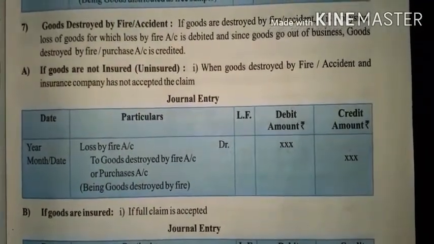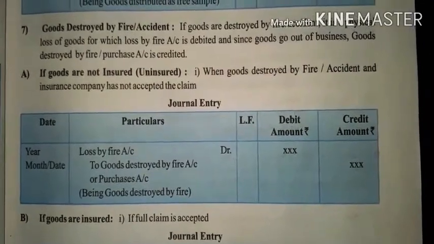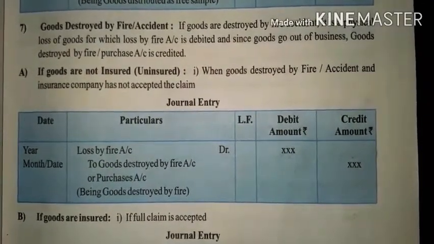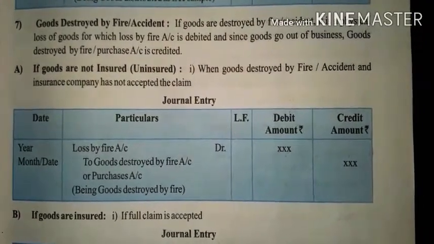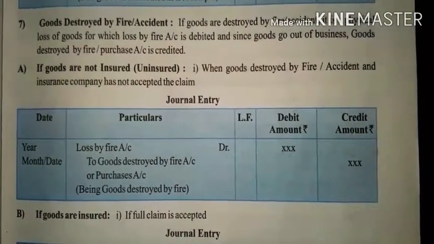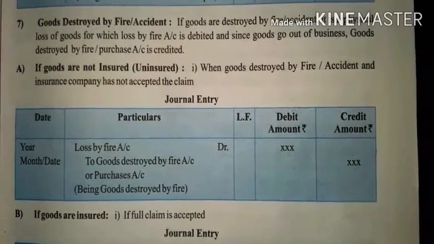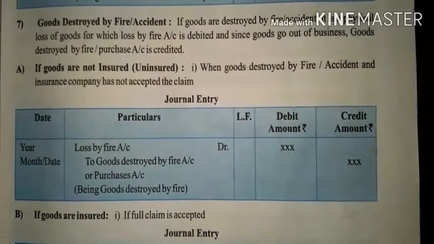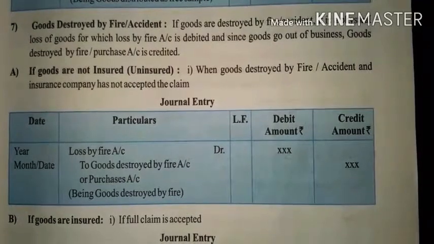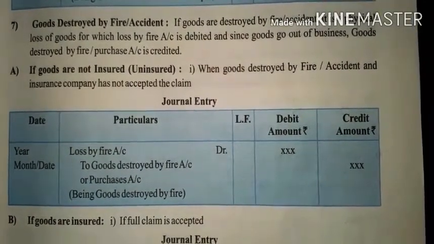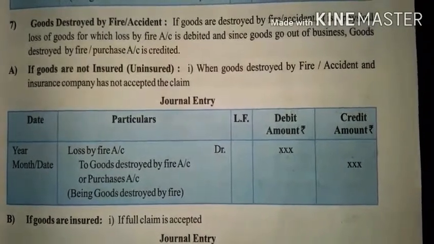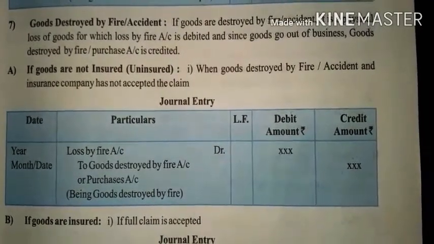Simply, if goods are destroyed by fire or goods are destroyed accidentally, it is a physical loss of goods, which is loss by fire. Now here what account will be debited? Loss by fire account is going to get debited. Why debited? Since your goods are destroyed, this is a loss for your business.